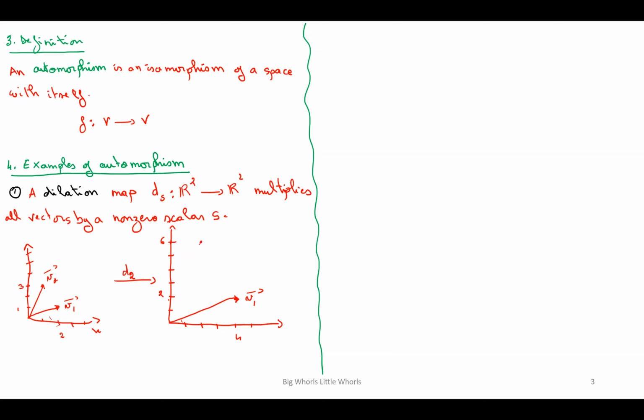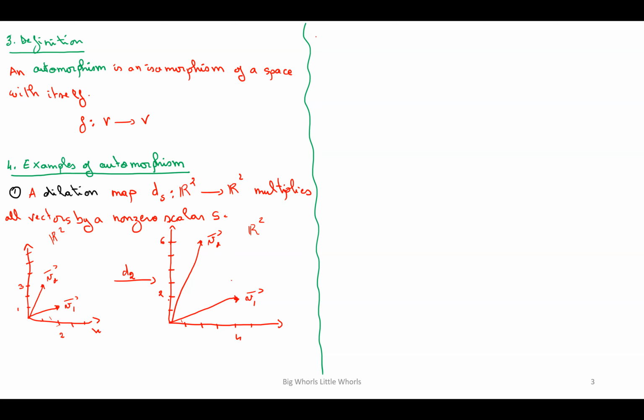So under this dilation map D_2, we are still in R2, the 2-dimensional real space. So this is the image of these two vectors under this dilation map.